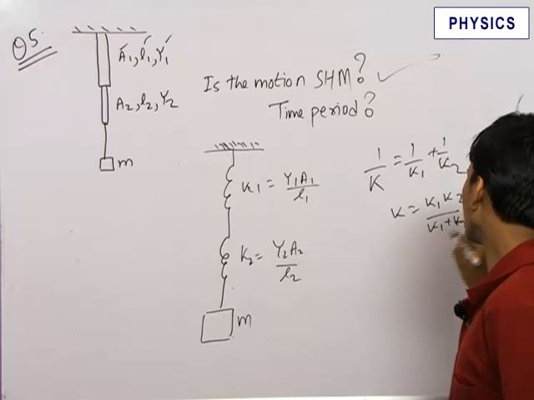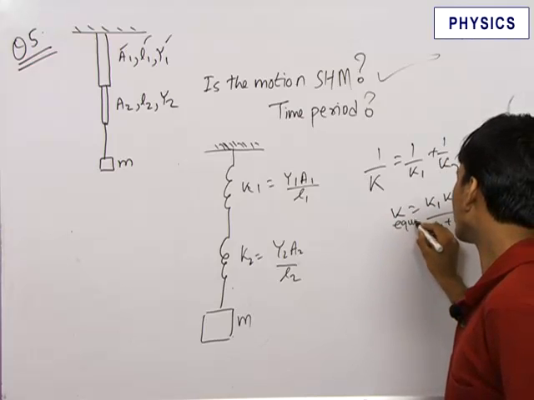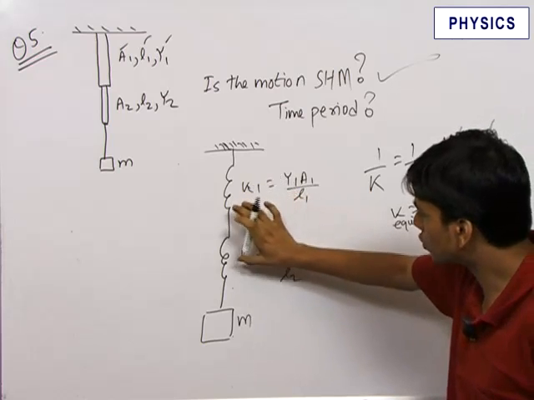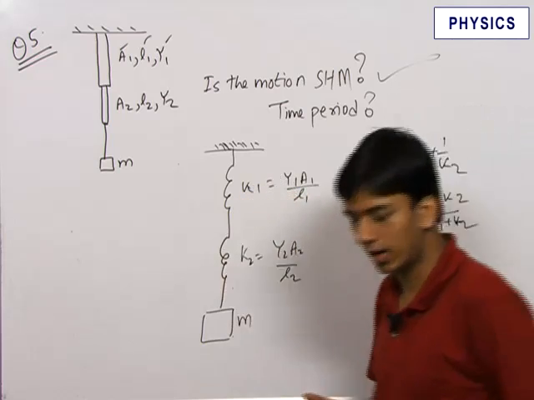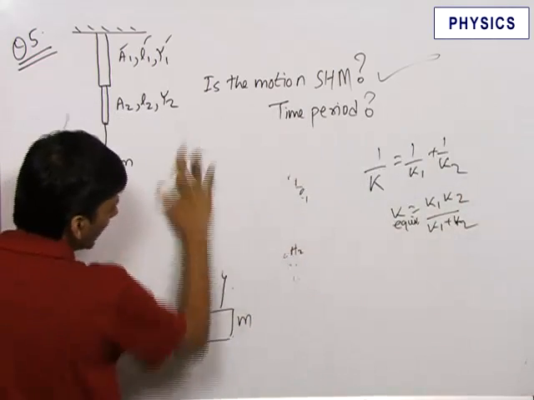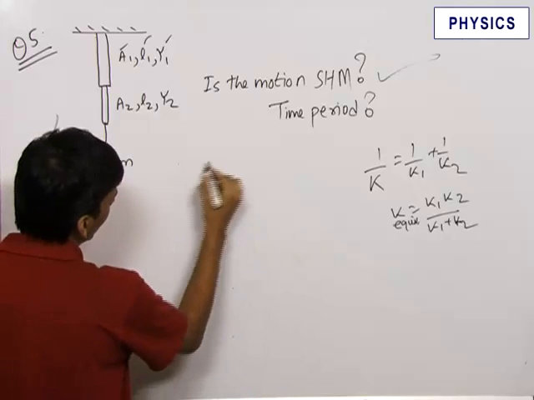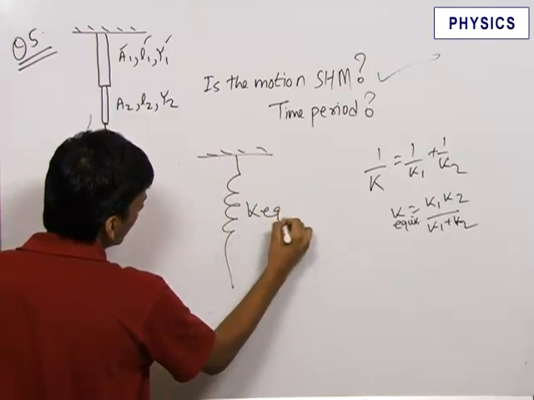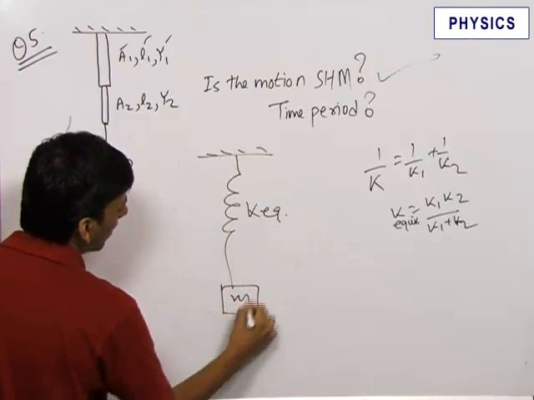This is K equivalent, an equivalent spring which can replace these two springs and produce the same SHM with the same time period. Therefore we can replace this system by a single spring of spring constant K equivalent and a mass M here.